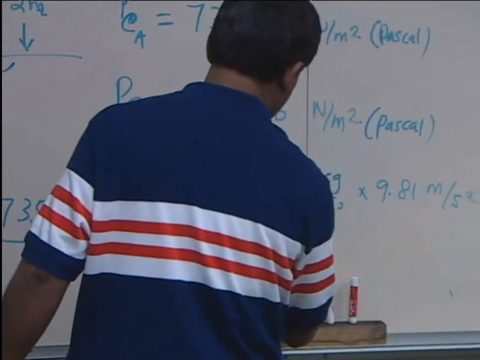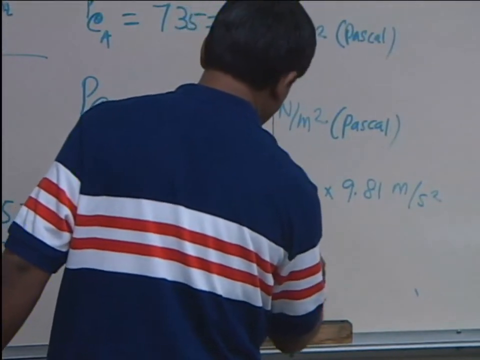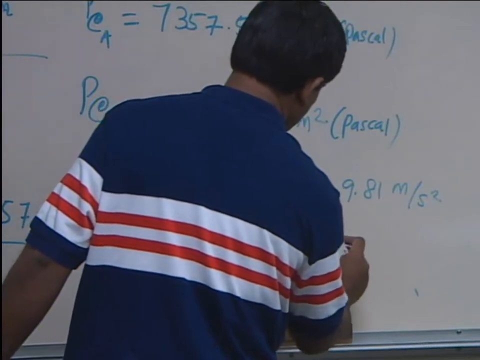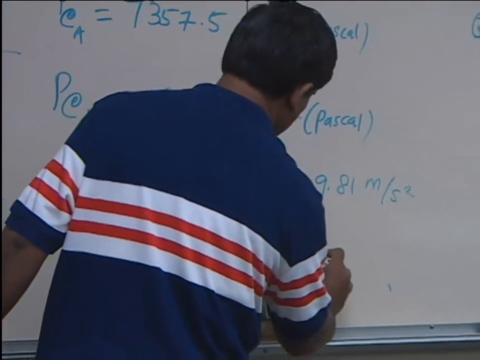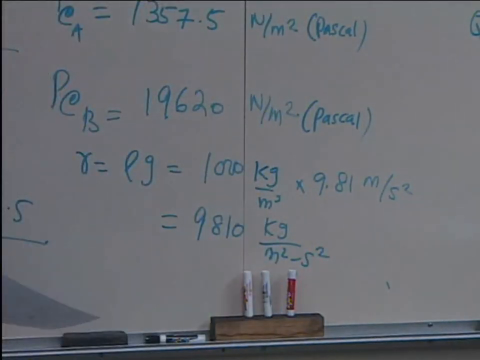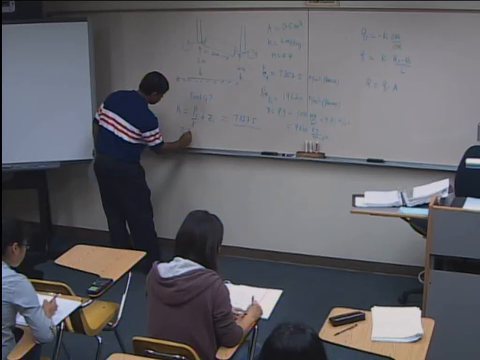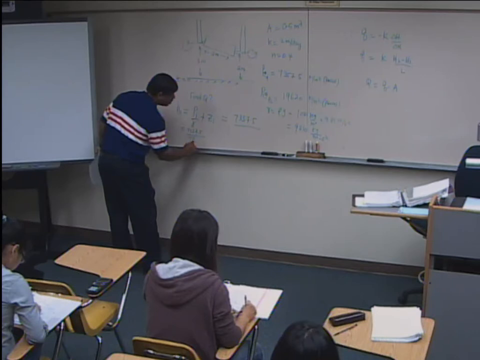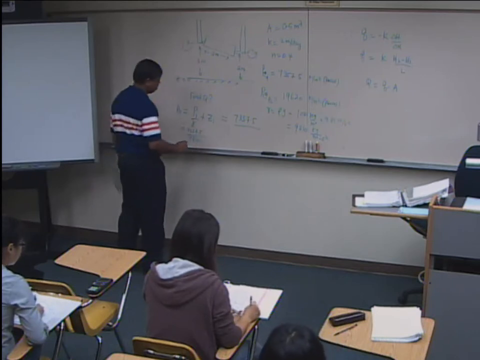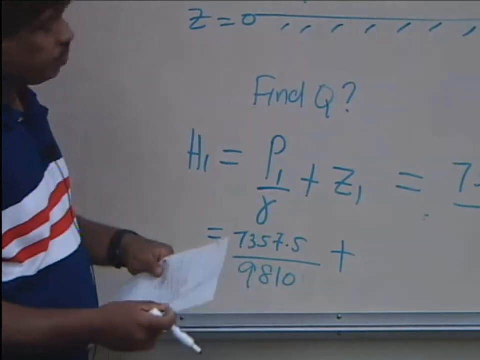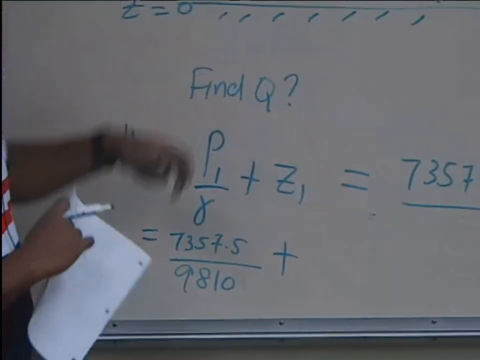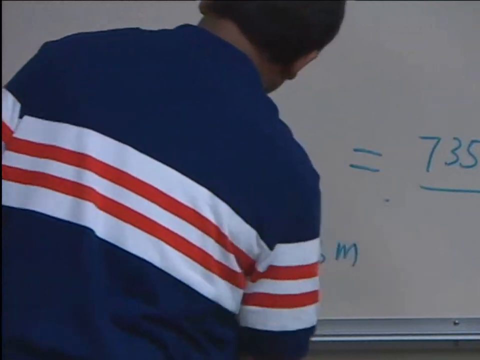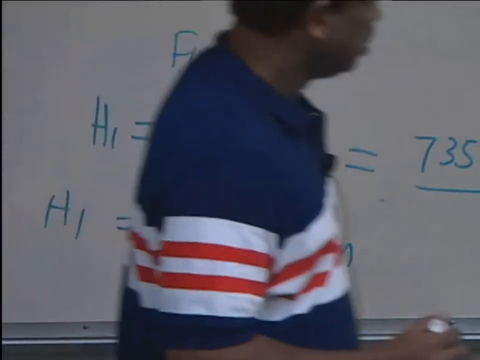So this is 9810 kg per meter squared per second squared. So P1 by gamma will be 7357.5 divided by 9810. Plus what is Z1? The elevation height, right? 3 meters. So what is H1?